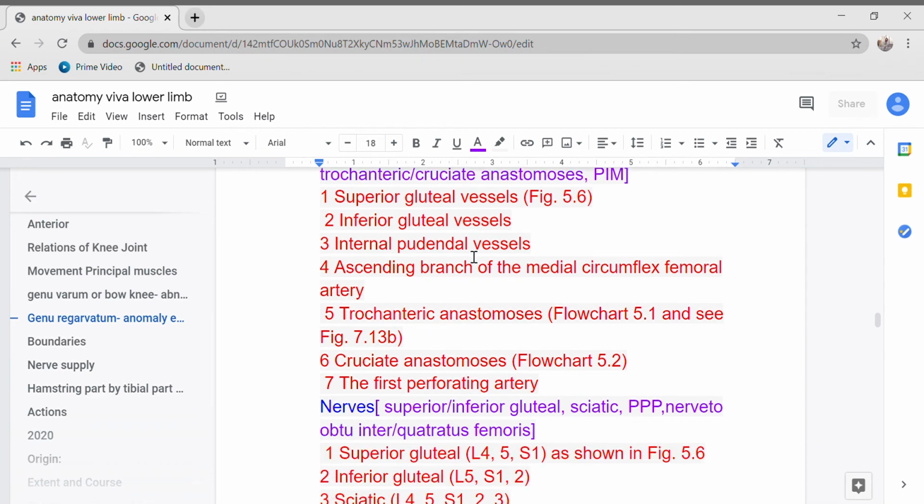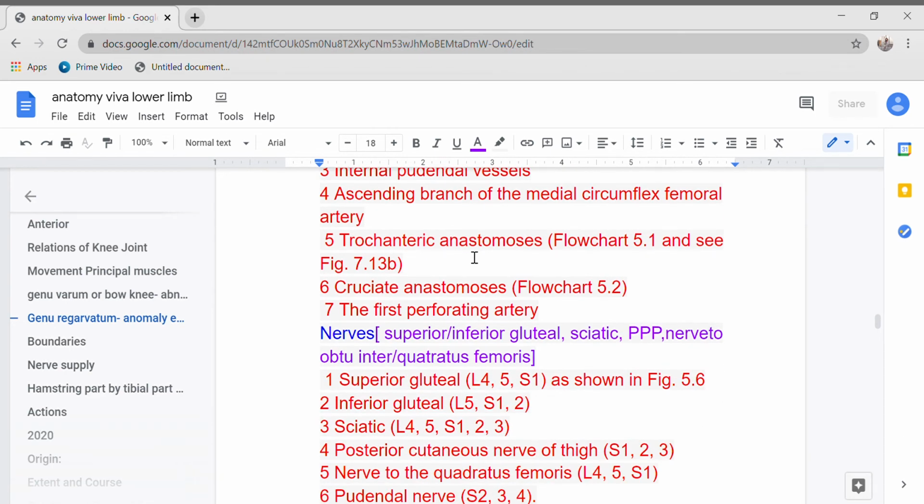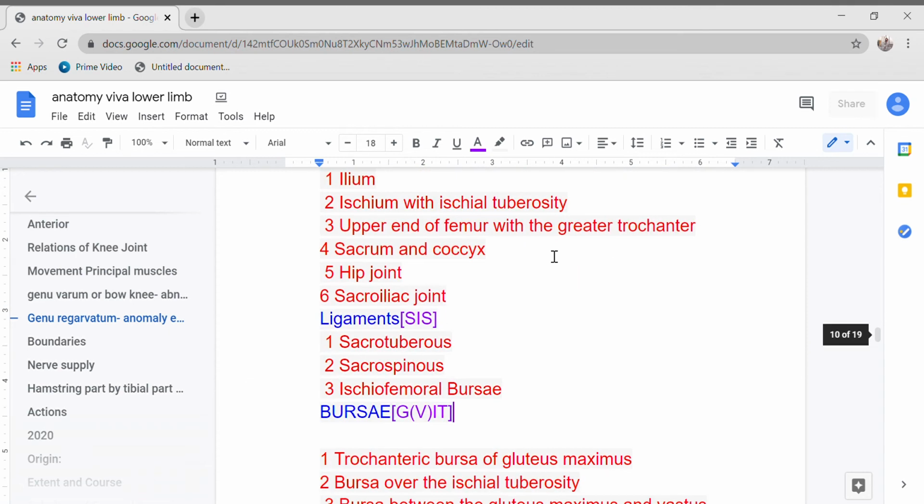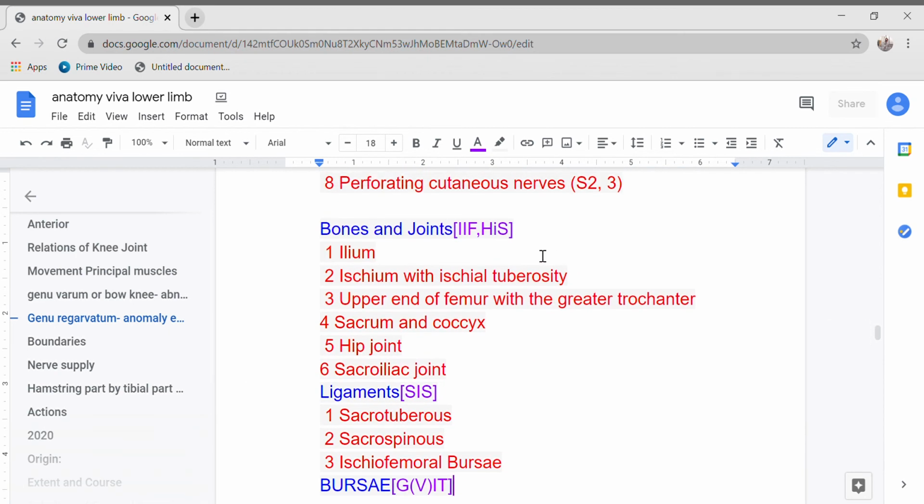Nerves means superior and inferior gluteal nerve, sciatic nerve. Then you have the PPP: posterior cutaneous nerve of thigh, perforating cutaneous nerve, pudendal nerve. Now the nerve to obturator internus and quadratus femoris. Then we have the bones and joints. How many bones? We have ilium, IF, ischium, and femur trochanter.